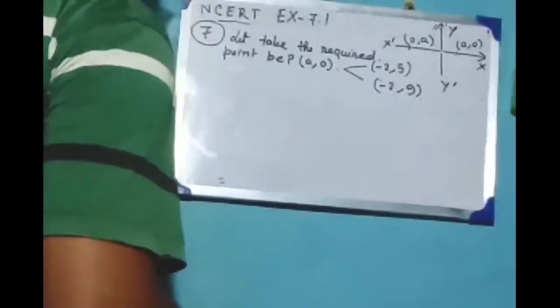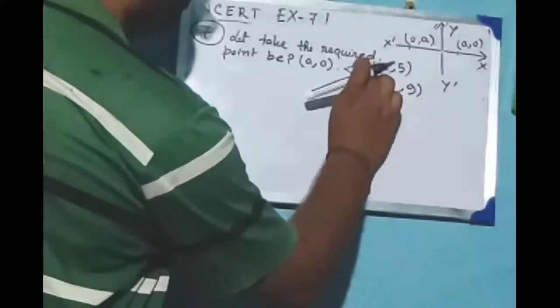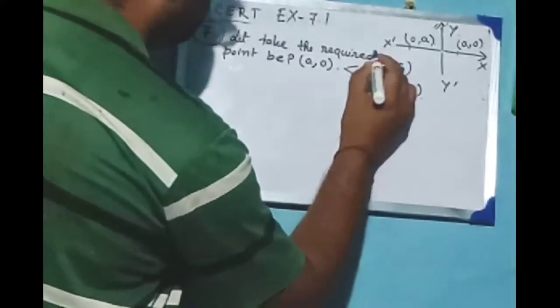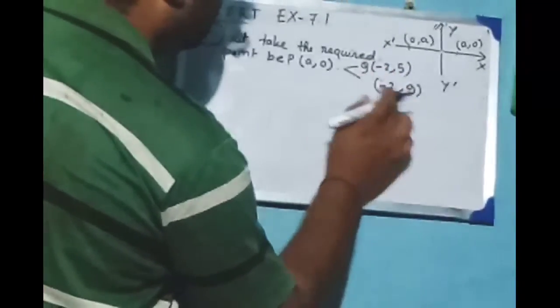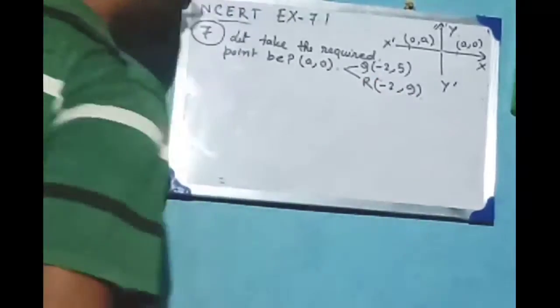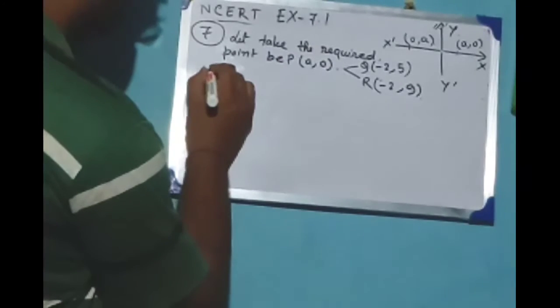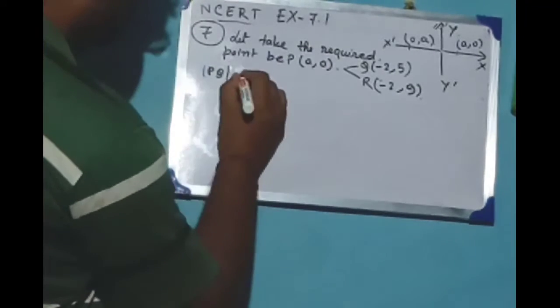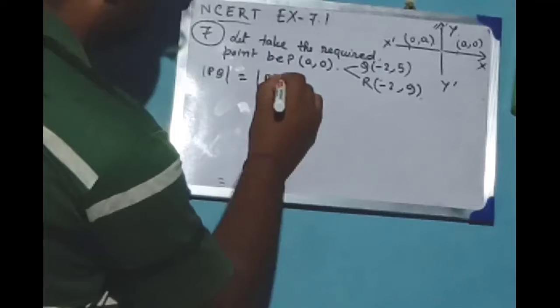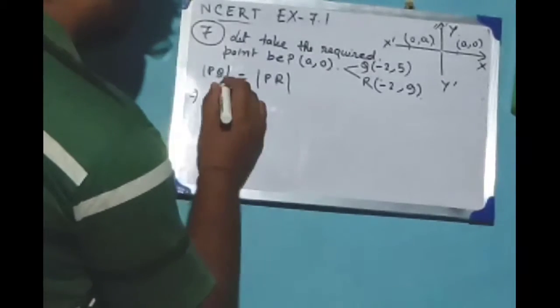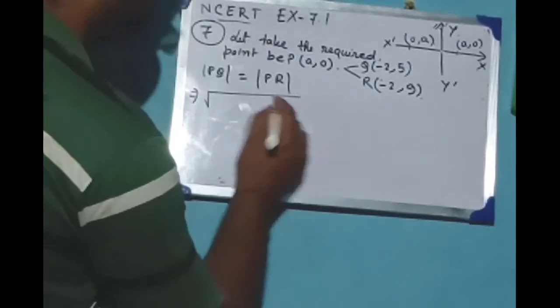So if I take (2, -5) as Q and (-2, 9) as R, then PQ will be equal to PR.